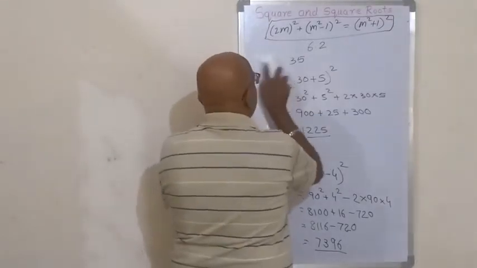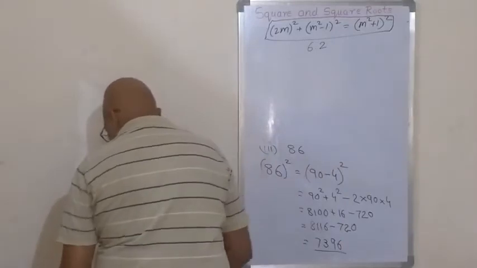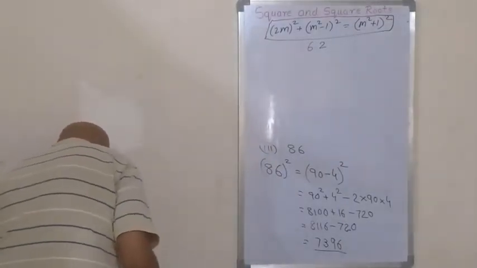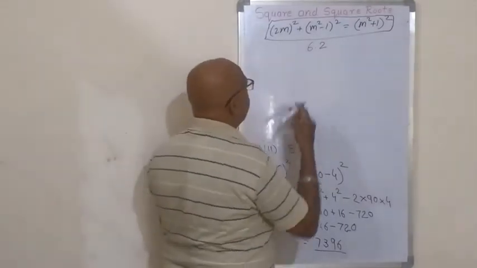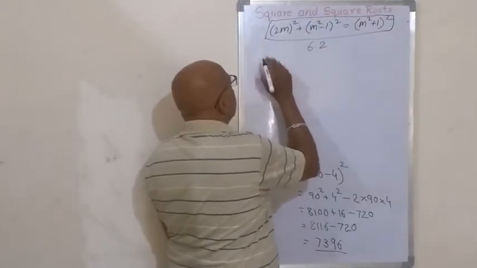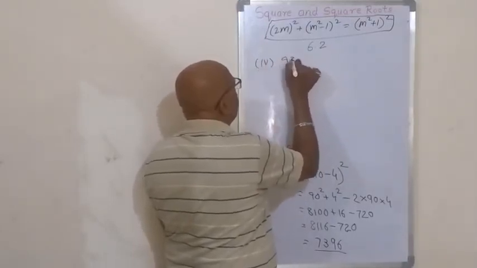Again in the first one only, we'll see that the next number is 93. Fourth one is 93.